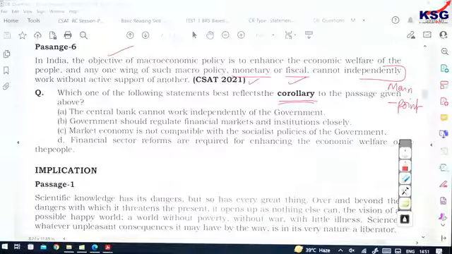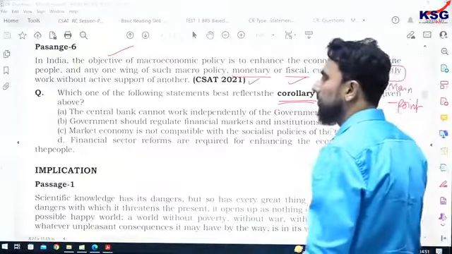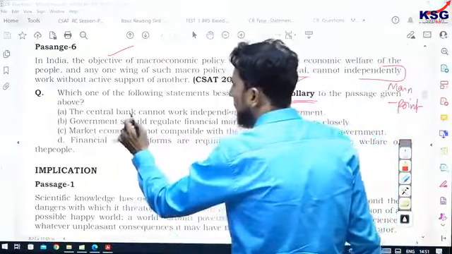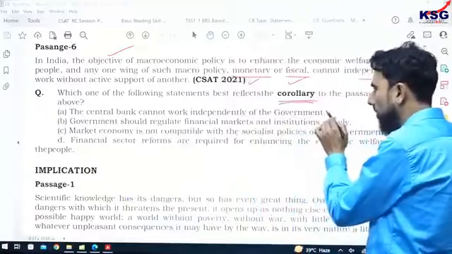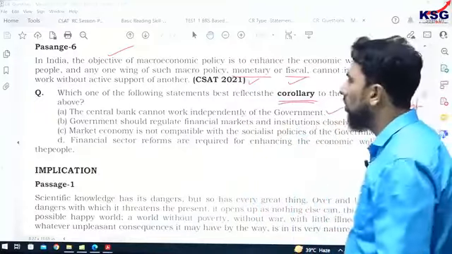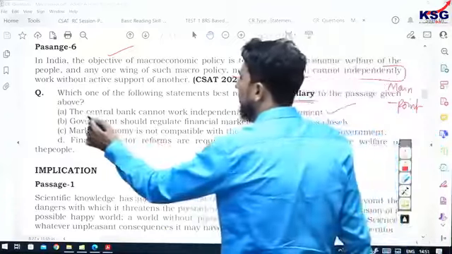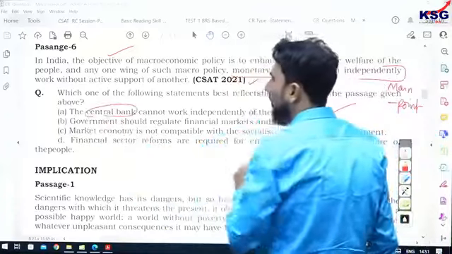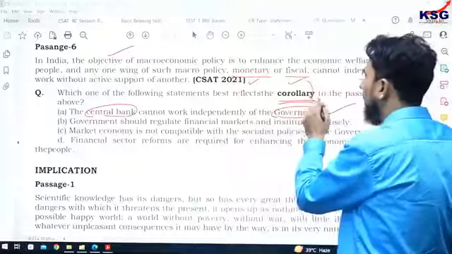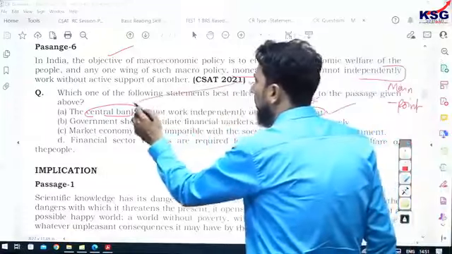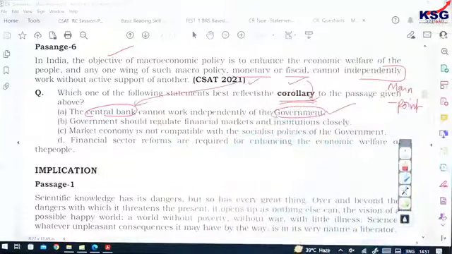Now when you go to the options, option A says the central bank cannot work independently of the government. Yes, makes sense. As you all know, central bank means monetary and government relates to fiscal. It seems to be a logical step based on the author's main point.